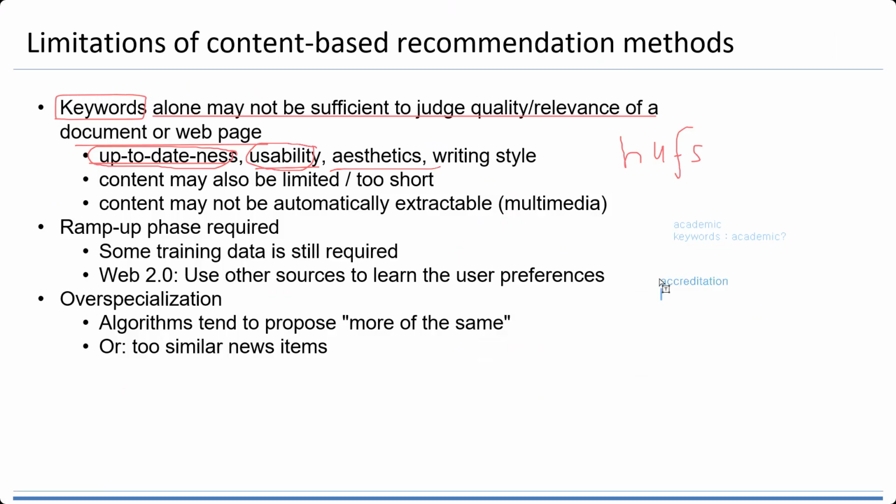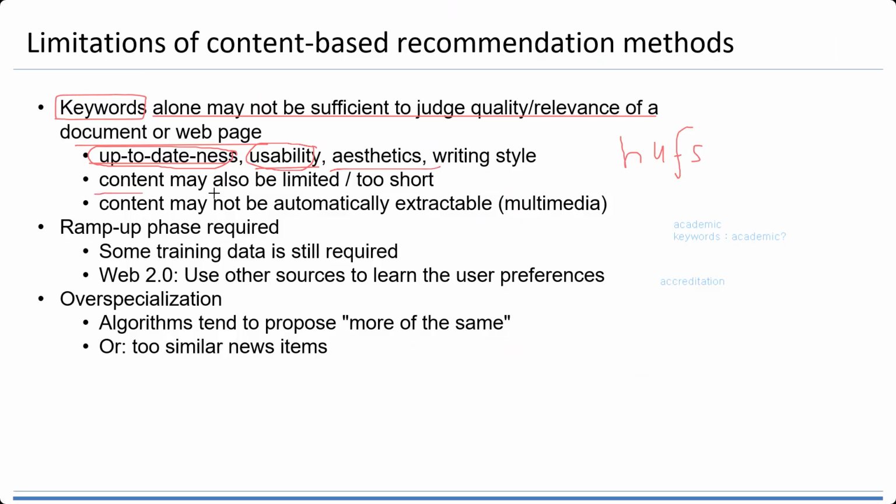Yeah, this is for the aesthetic. If you want to search a good university, you need to check the accreditation. But actually, the word accreditation may appear only one or two times. This is just aesthetic or to prove that the university is good. So the keyword is not sufficient. Or the writing style. If the writing style is very good, maybe the keyword is also very less.